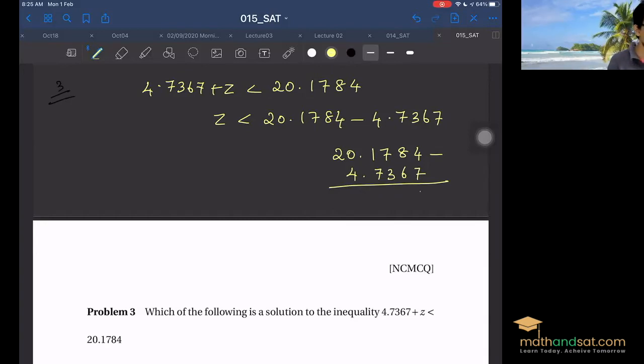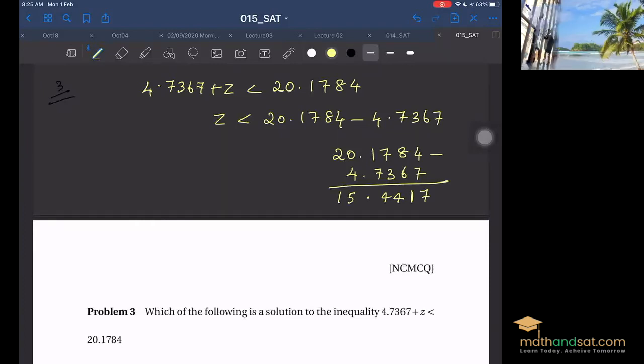So we have 7, that is 1, and you have a 4 here, and then you have a 4 here, and this is 15. So we get 15.4417.